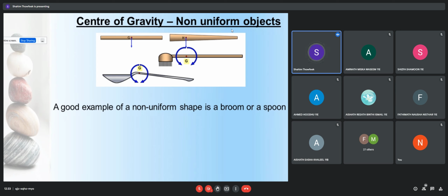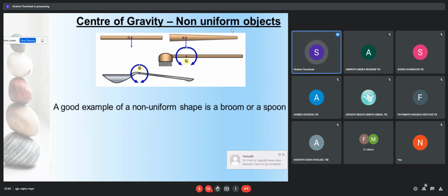I think it's a bit hard to explain in online classes, so we'll do this practical session next week in the physics lab. Then you can do a calculation and find the exact location of the center of gravity of non-uniform objects.